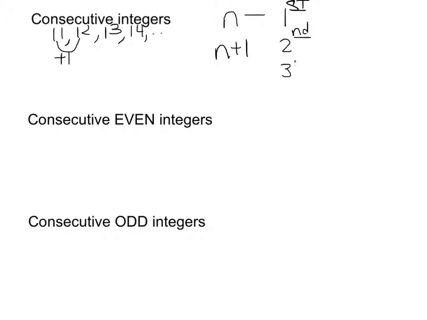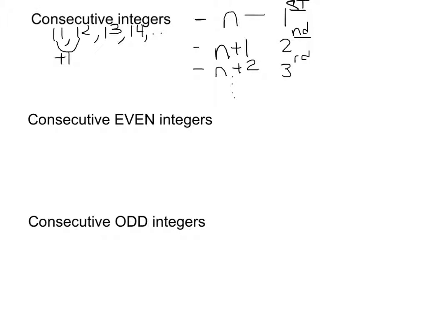And my third number, I'm going to add 1 more to that, so it's going to be n plus 2. And I keep going as long as I want. So if the problem says find 3 consecutive integers, my first one I'm going to call n, second n plus 1, and the third n plus 2, because for me to move down my list of consecutives, I'm simply adding 1 each time.